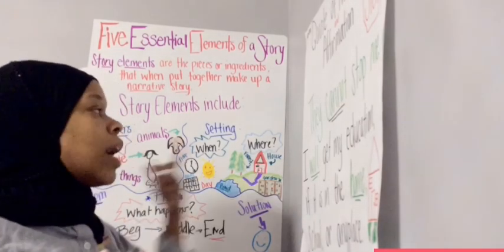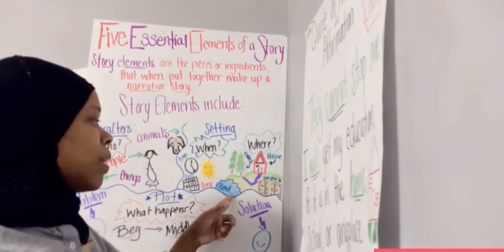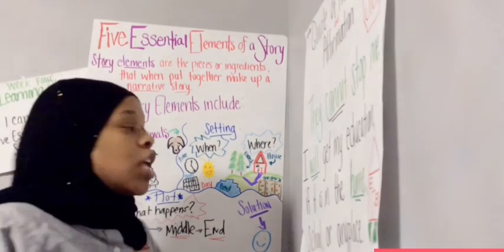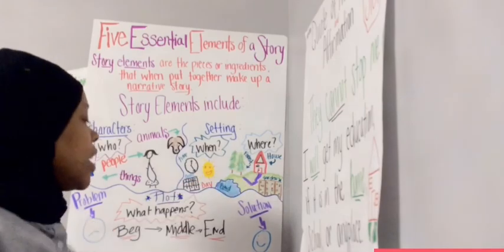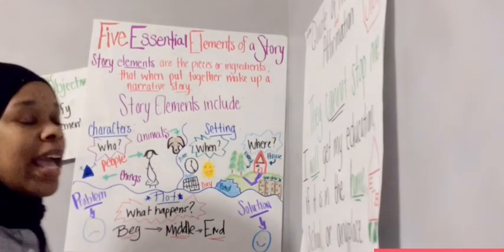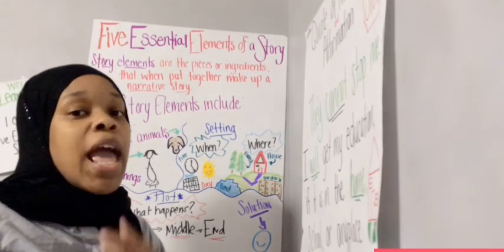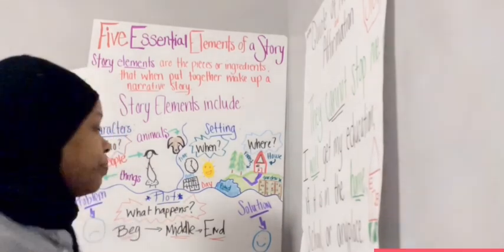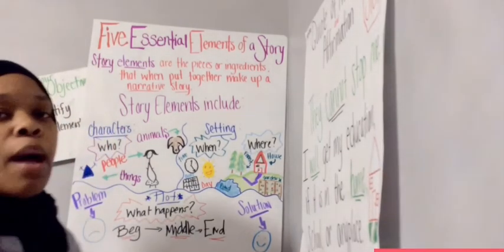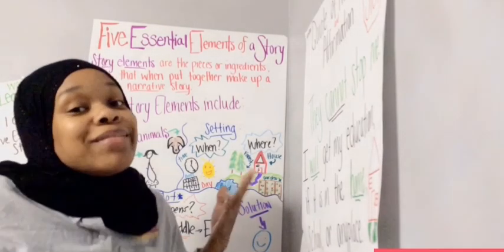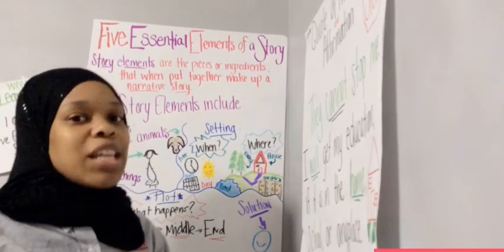Where includes a house, maybe the forest, the pond, the garden. It can be at the playground. It can be outside. That is the setting. When and where. The plot is what happens. What happens in the beginning, what happens in the middle, and what happens at the end. Then you have the problem. Problems are normally sad, which is why I said sad face here. Then you have the solution. Solutions can be happy.